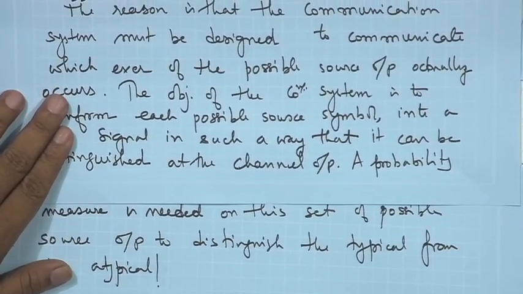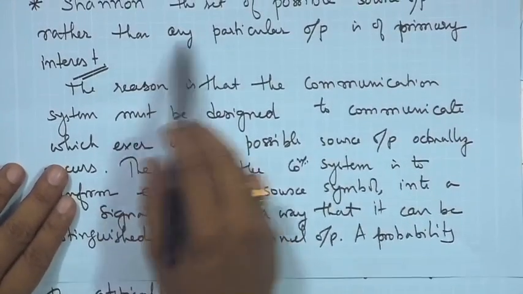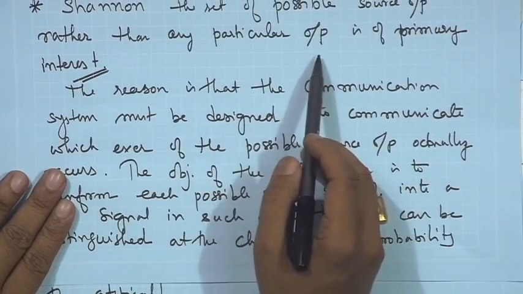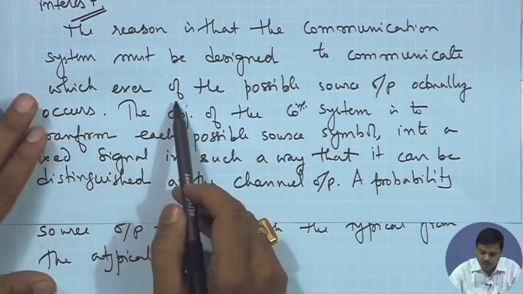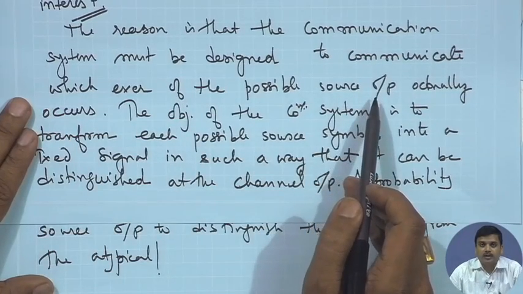So, what we are saying over here is the reason for this, that what is important is the choice rather than the particular output, is that communication systems must be designed to communicate whichever of the possible source output actually occurs. This is clear because we know that zeros and ones are going to come. So, the 1 or the 0 is not important, but which of the two is the choice, basically that is important.